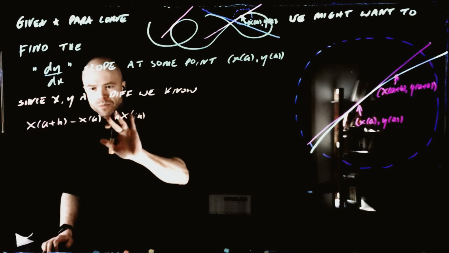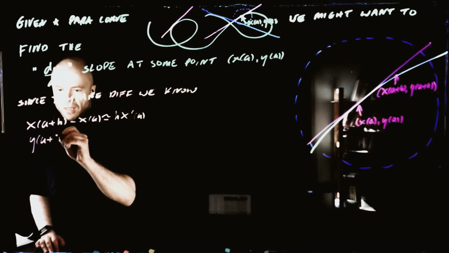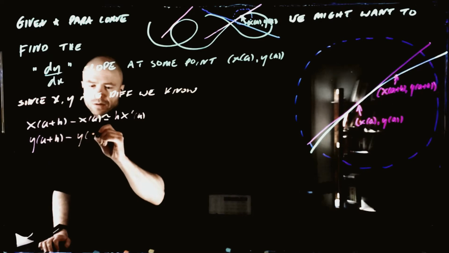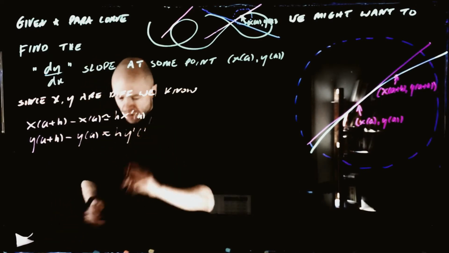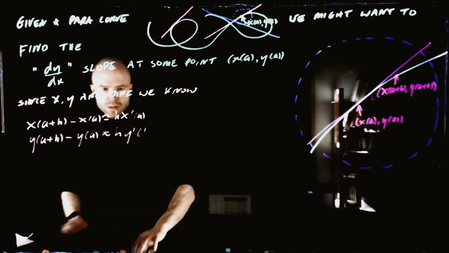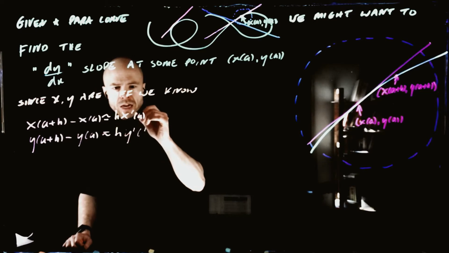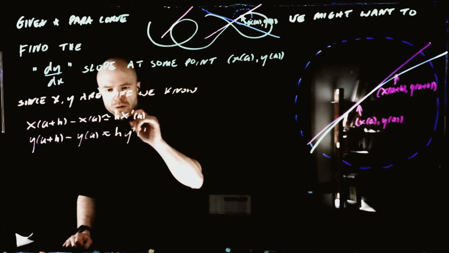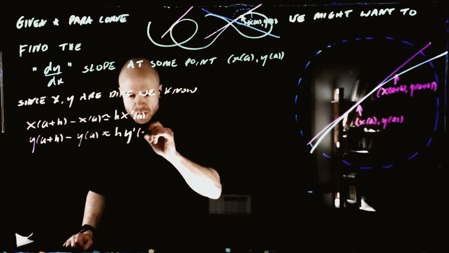And we also know that y of a plus h minus y of a is approximately h times y prime of a, for some small error. That's exactly what differentiability says. So the small error that we have here is much smaller than h. We've done this a number of times. Hopefully you're happy with this.